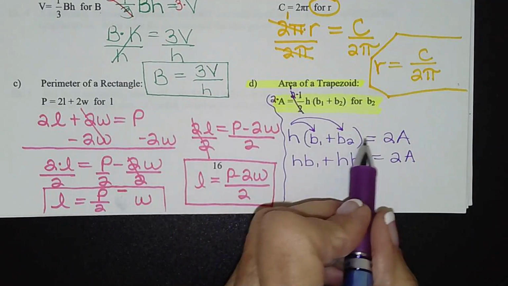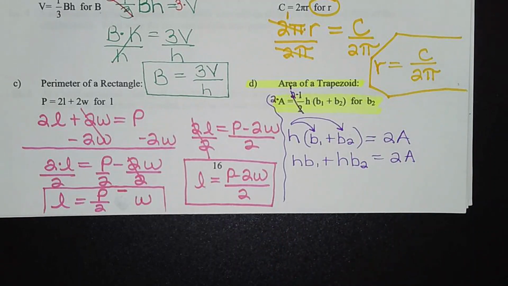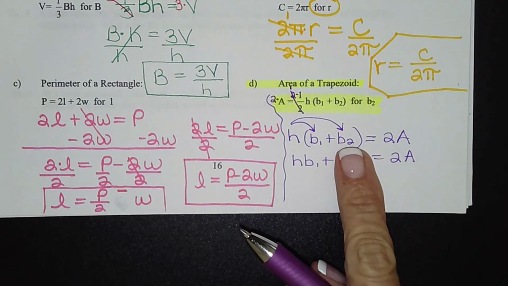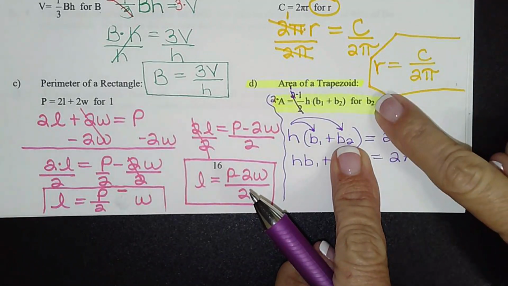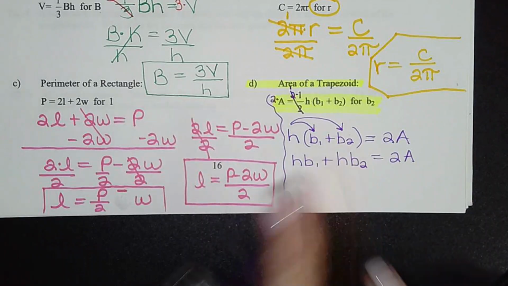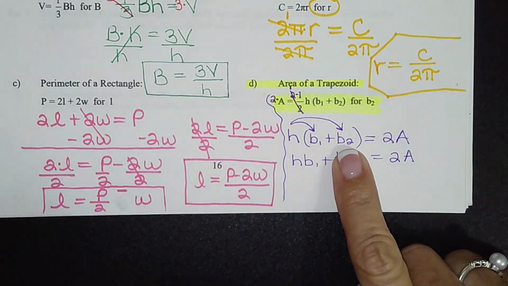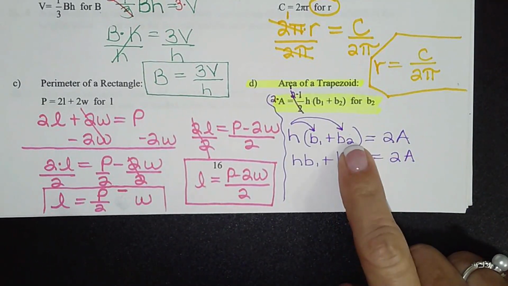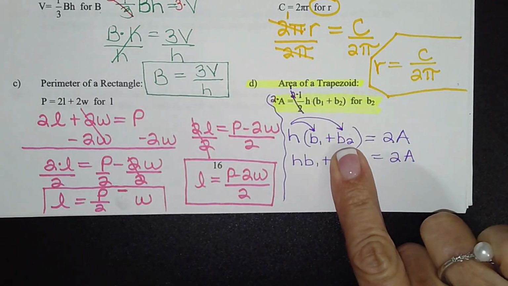So distribute: h b sub 1 plus h b sub 2 equals 2a. And then I put my finger over the term that I'm solving for so I don't move it. Everything else goes to the other side. I cannot move that. That needs to stay put. So that's why I always put my finger over it.